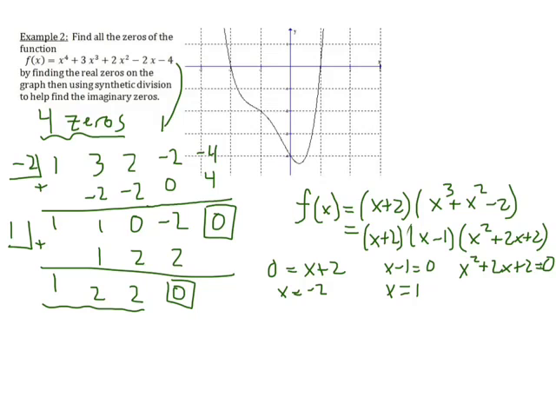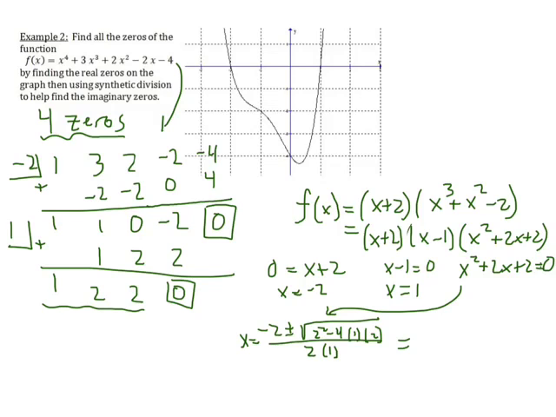Here we have no real solutions, but we've got to use the quadratic formula. So let's use that quadratic formula. Come on down over here. And we know x equals negative b, which is negative 2, plus or minus the square root of b squared, 2 squared, minus 4 times a, which is 1, times c, which is 2, all over 2a.